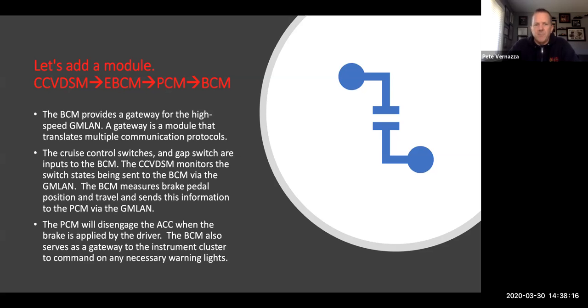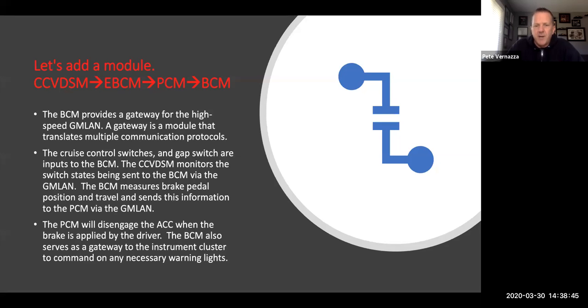Gateway is just a module that translates multiple communication protocols. So we're going to look at a wiring diagram in a slide or two here, but the cruise control switches that the driver actually selects up on the steering wheel, and the gap switch, which is what I talked about earlier. The gap switch was the near, middle, and far. Those switches are inputs to the BCM, not to the PCM and not to the distance module, but the BCM.